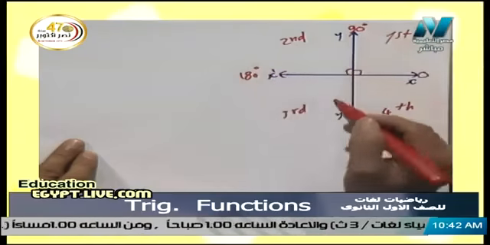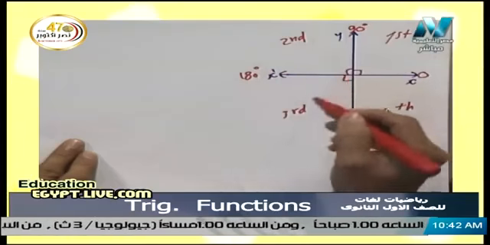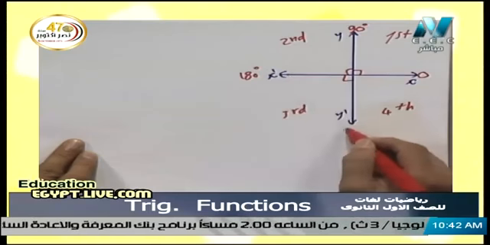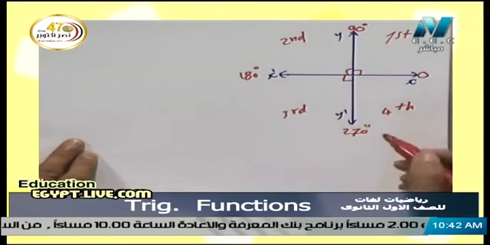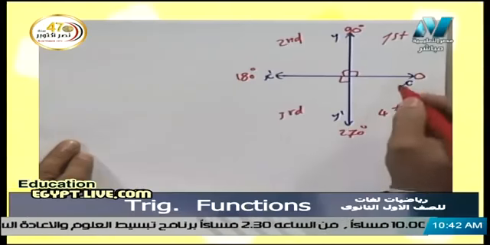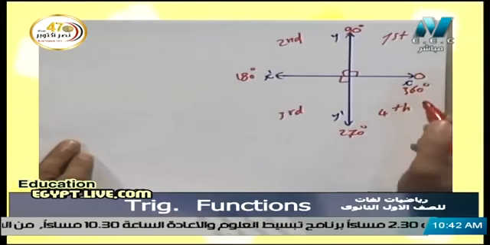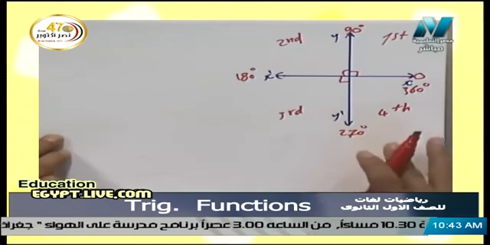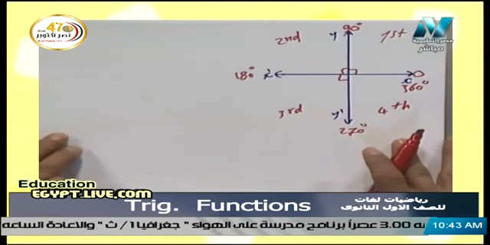The third quadrant includes between 180 and 270 degrees, and the fourth quadrant of course is between 270 and 360, which is equivalent to 0. Okay, we know about x and y.